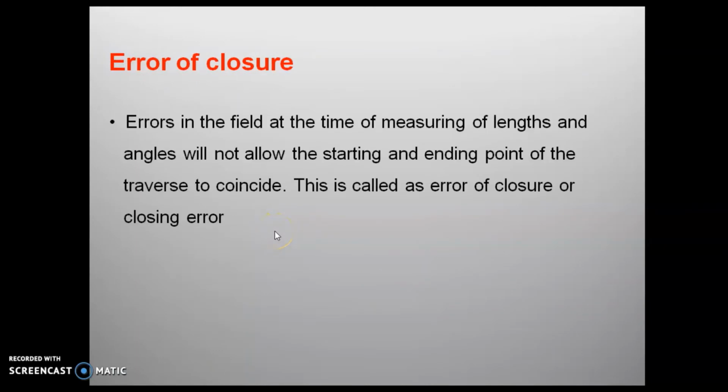So we are discussing the error in the field at the time of measuring lengths and angles, which does not allow the starting and ending point of the traverse to coincide. I will draw the figure once again. We have done the surveying, but it has to close here, right? But it won't close like this.